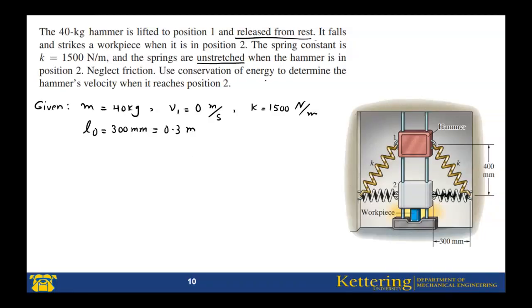We want to use the conservation of energy. If a problem mentions that you have to use conservation of energy, you have to use that same method. So for this problem, the solution will use the conservation of energy. Conservation of energy means that T1 plus V1, the potential energy at state 1 or position 1, equals T2 plus V2.